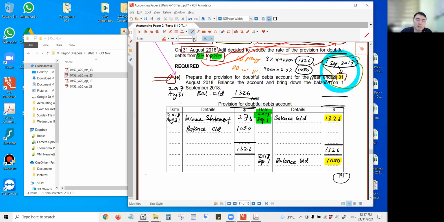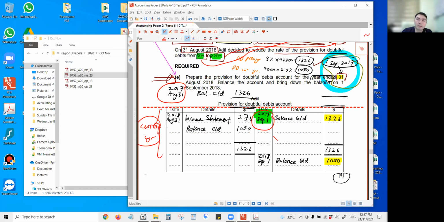You always see this as the borderline for the end of the previous year. Of course, I cannot write August 31st here. The August 31st is the previous year, because this is the following year. This is the current year. Is August 31st part of the current year?